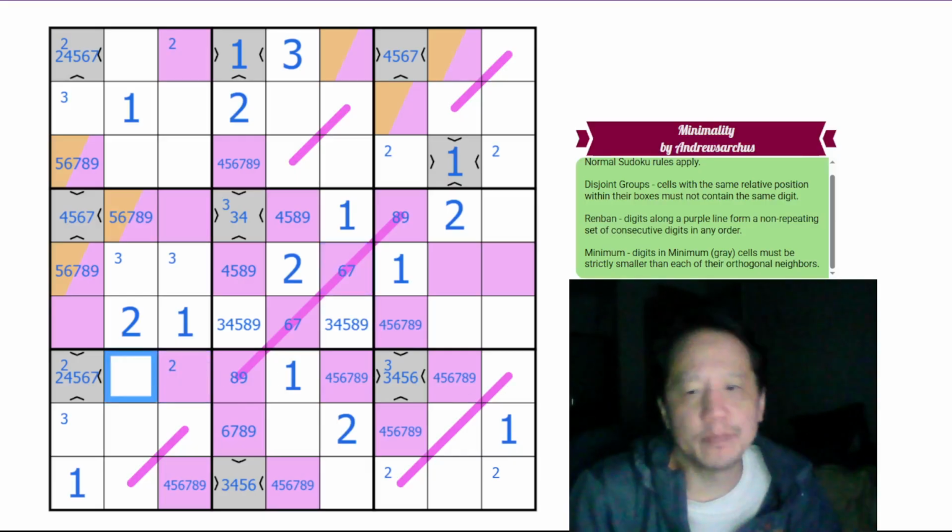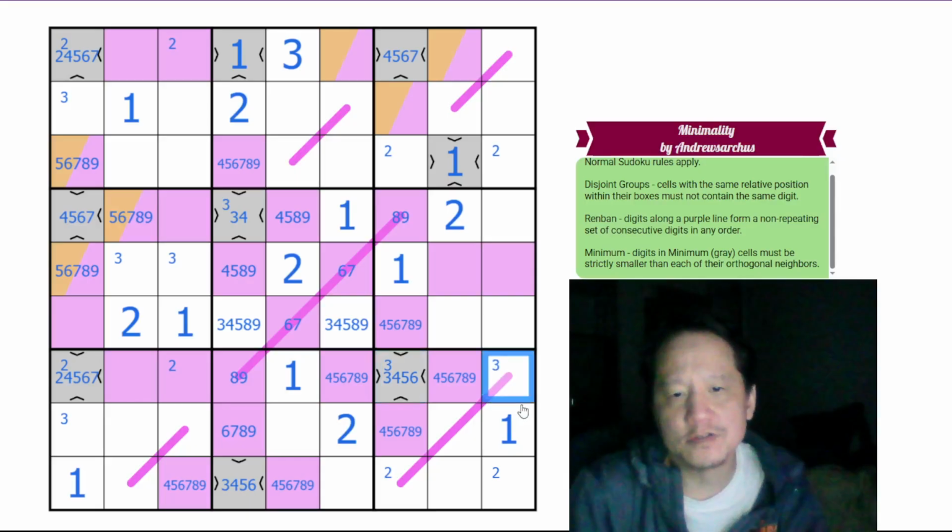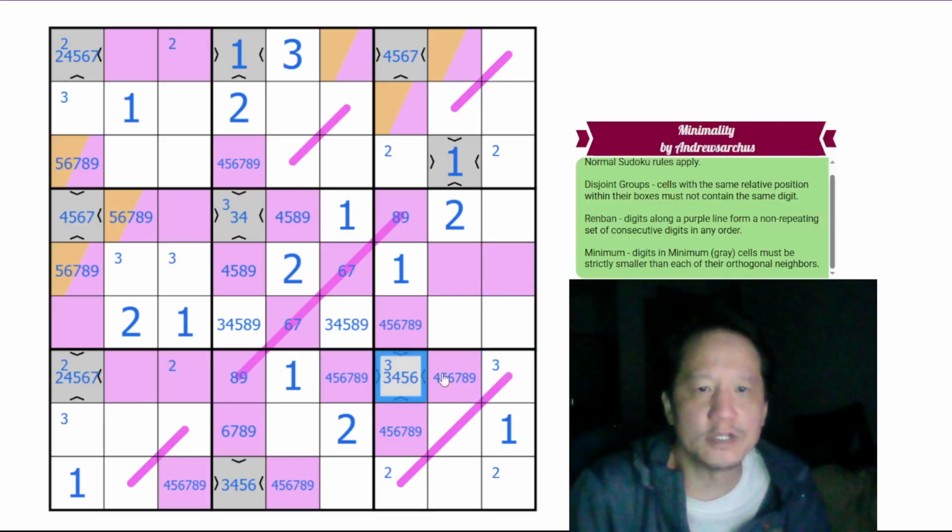3 cannot be here anymore. Where is 3 in row 7? It has to be one of these 2. Interesting.